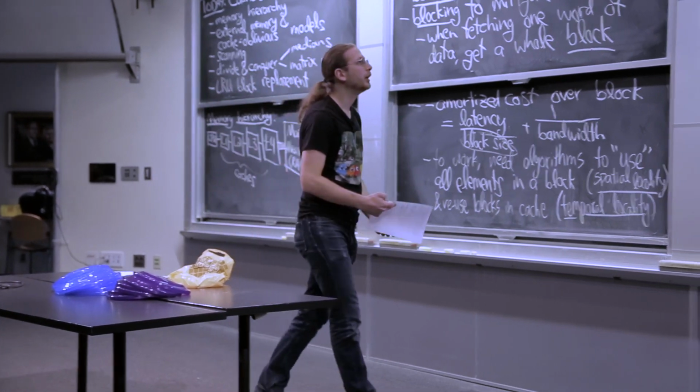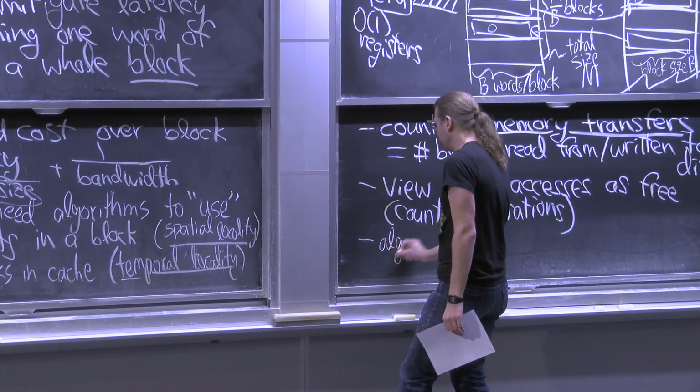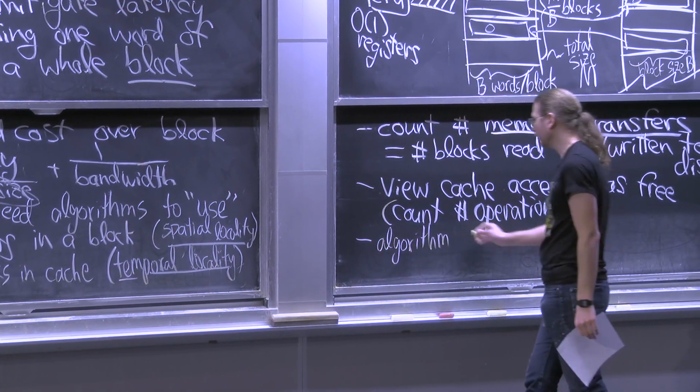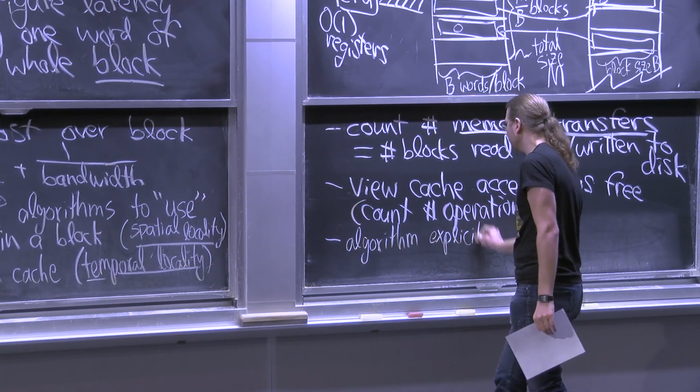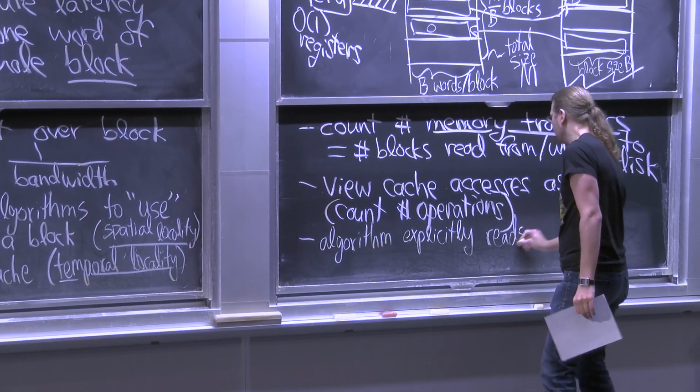And at this point, I'm going to change this in a moment, the algorithm that we would write in this external memory model explicitly manages the blocks. It has to explicitly read and write blocks.